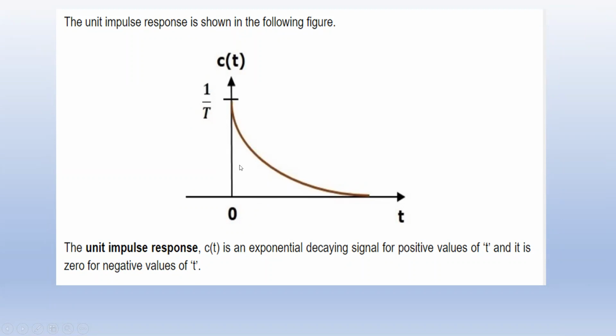This response is dependent on the time constant. The slope here is 1 by tau. Based on the time constant, how fast or how slowly it is decaying, we can make all those assumptions.